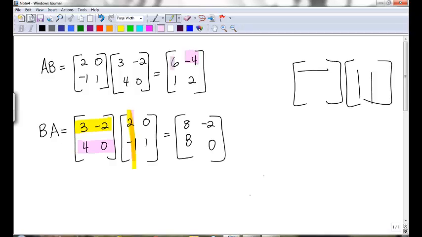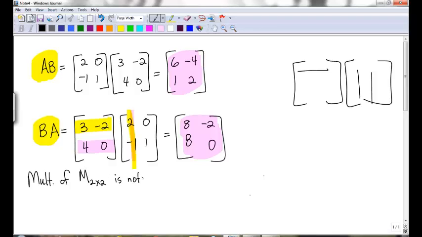Are these answers the same? No. That tells you on the test, it's a reading problem. It makes a difference. Did I ask for AB or BA? This is telling you multiplication of 2 by 2 matrices is not commutative.